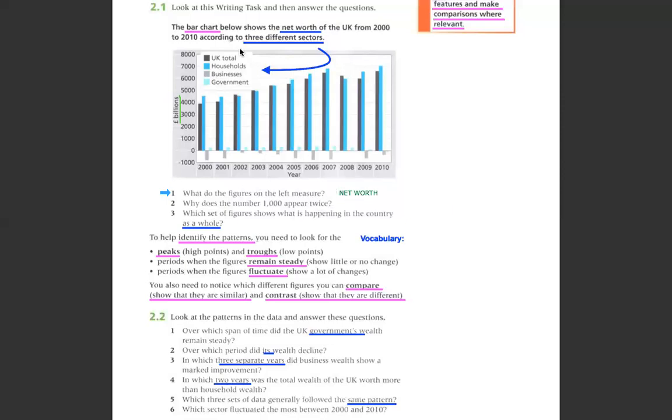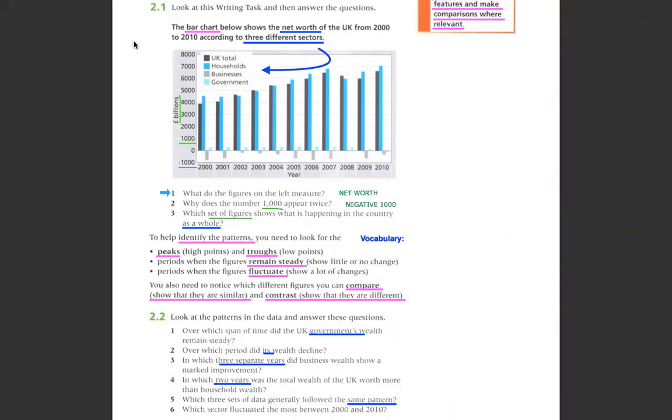Now it says, why does the number 1000 appear twice? So here we have 1,000, and then we have 1,000 again. So what's the difference between this one and this one? Yeah, one is a negative. Okay, so the second one is a negative 1,000. So this is 100,000 billion pounds, and this is negative 100,000 billion pounds. The next one says, which set of figures shows what's happening in the country as a whole?